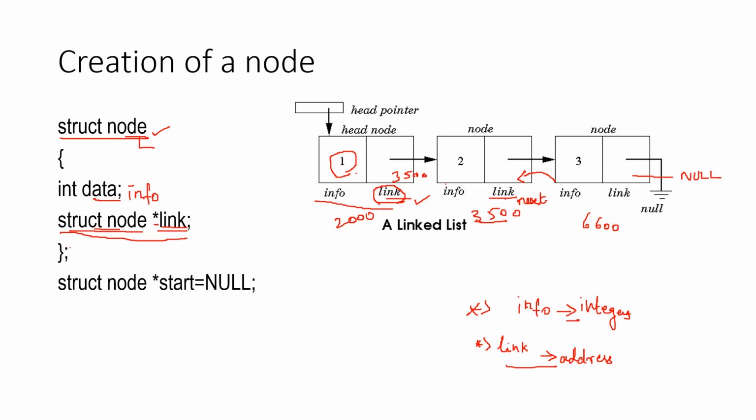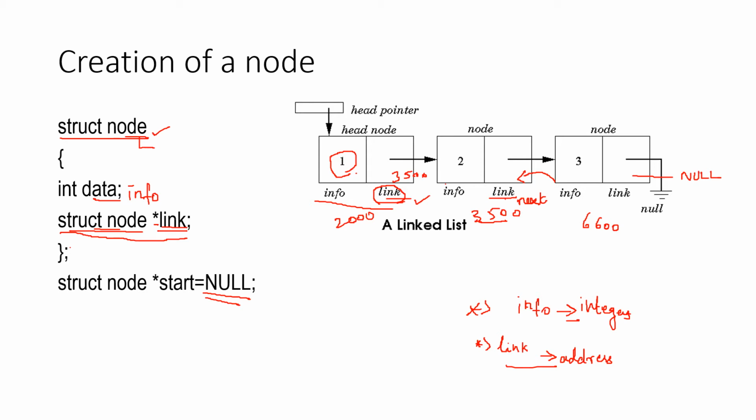After doing these things, I'm going to create one object for my structure. How am I going to create an object? I'm going to create the object for my structure as a pointer only. That's why here I'm writing struct node asterisk start is equal to NULL. What's the necessity of mentioning NULL?